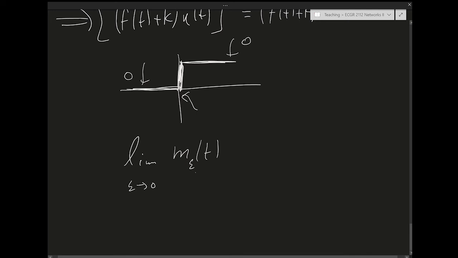So let's consider a family of functions with a parameter epsilon, such that when the parameter epsilon approaches 0, we approach the Heaviside step function u of t.